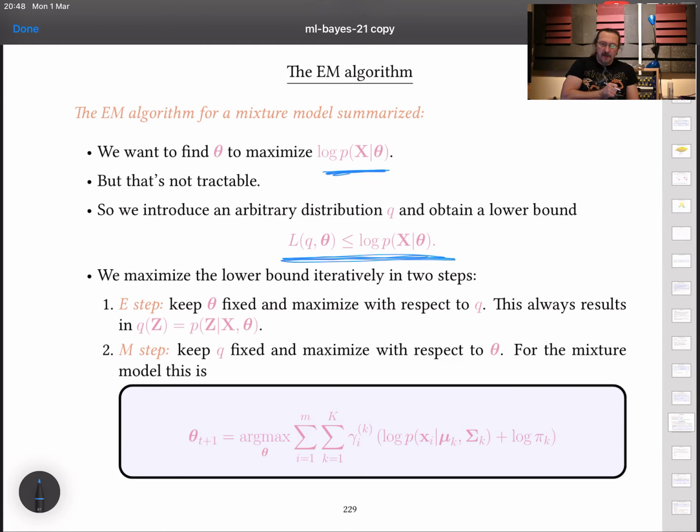And that tells us that the E step, the maximization of the Q part while theta is fixed, is achieved using this distribution. And then, when we're keeping Q fixed at that distribution and maximizing with respect to theta, we need to maximize the expression in the box. Okay, so that in a nutshell is what we've arrived at.